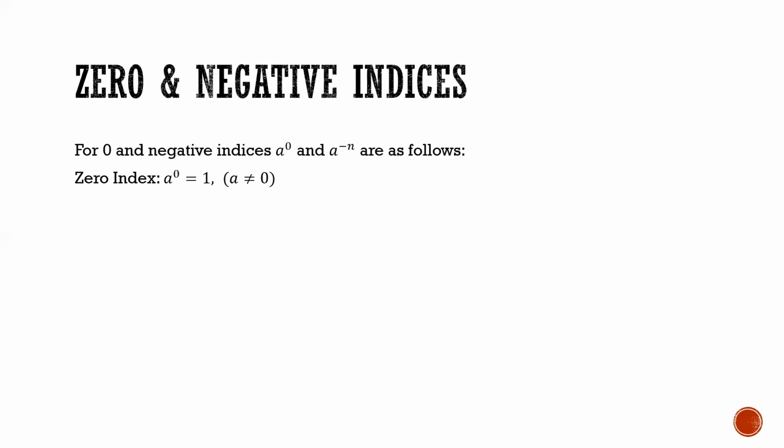Then the negative index: a to the power minus n is equal to 1 by a to the power n. Here also a is not equal to 0 and n belongs to the natural numbers.